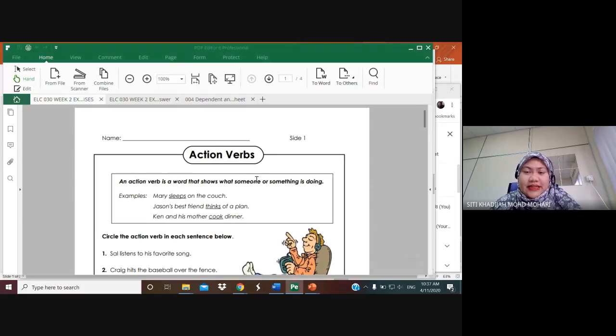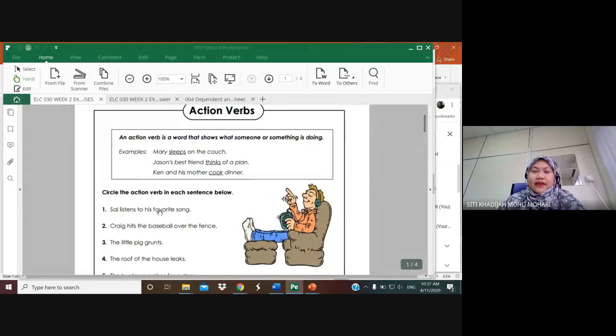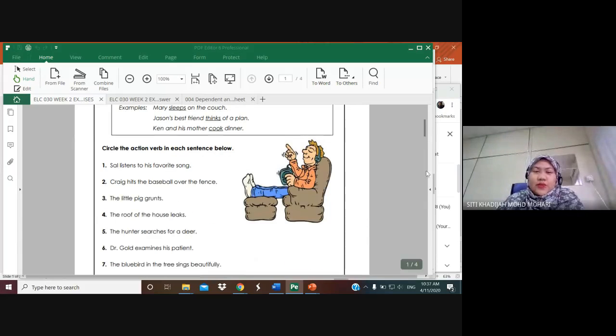They are quite minor. You don't have to bother about it. So basically, verbs categorize everything that you do. I have given you the answers over here. The instruction is to circle the action verb in each sentence below. So the first one, we are going to answer. Although you have the answer, hopefully you have checked, but if you haven't, we are going to check the answers now.